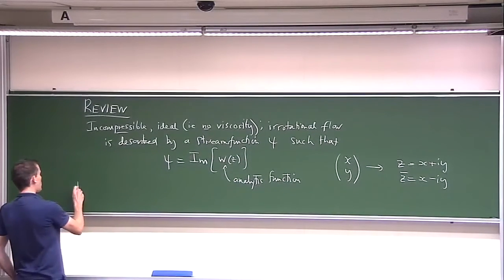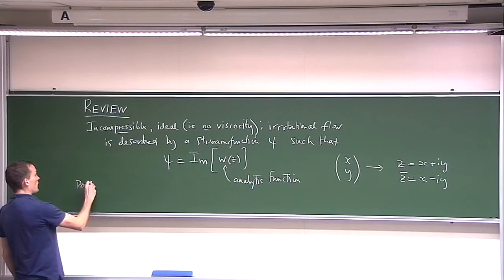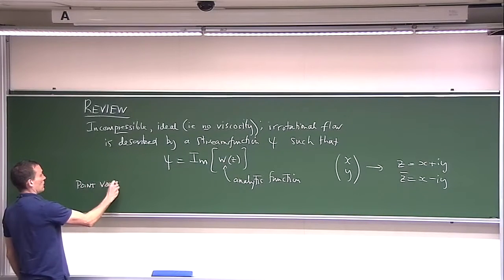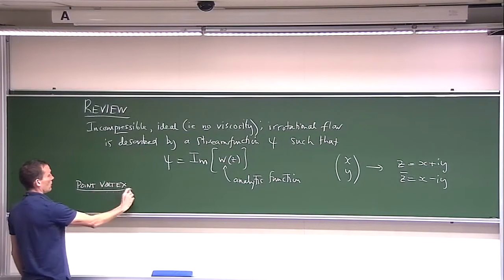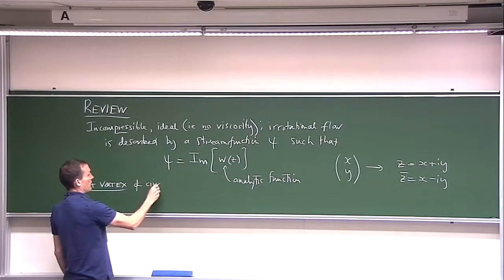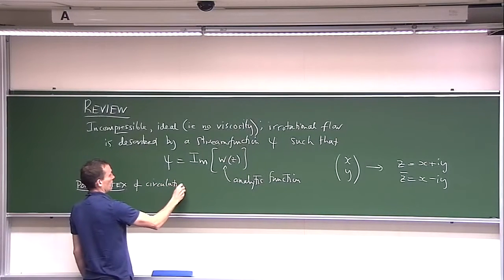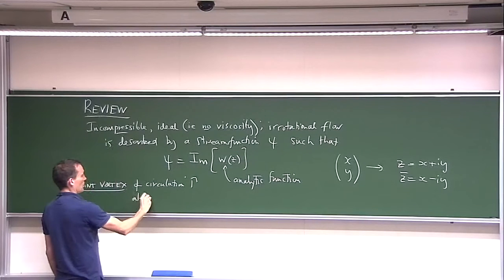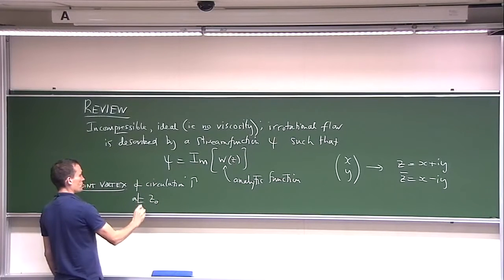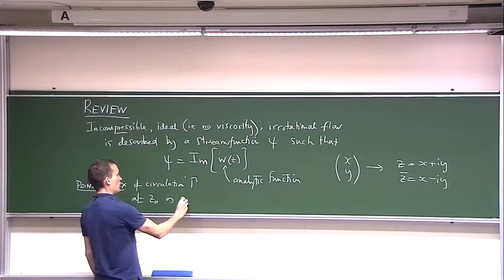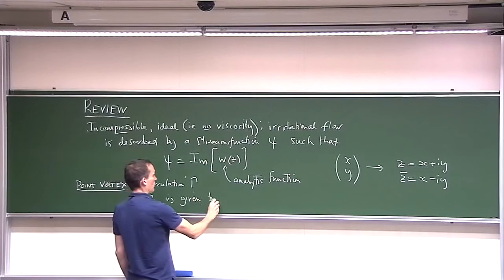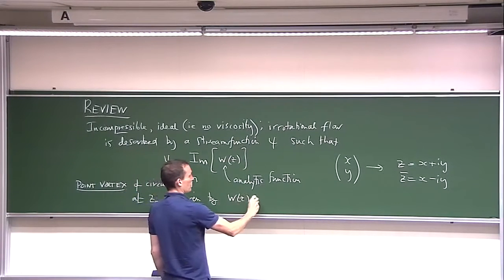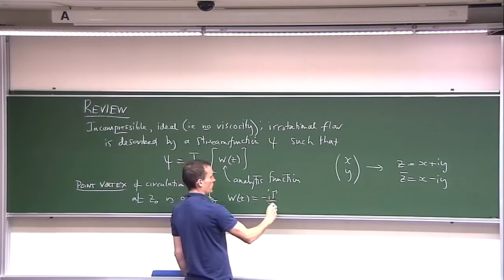And then something else we showed was a point vortex of circulation gamma, say, at Z0, is given by this complex potential. It's a special one.